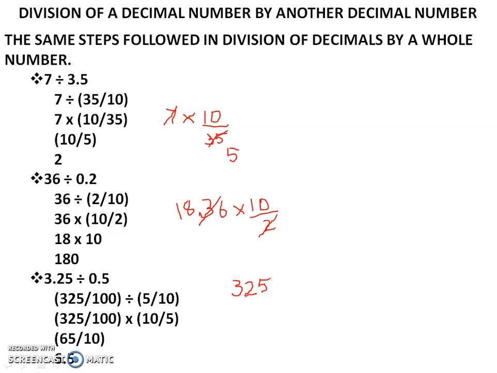Let us see what is happening here. 325 by 100 into 10 by 5. Okay, so 10 and 10 get cancelled. 5 into 65 is 325.